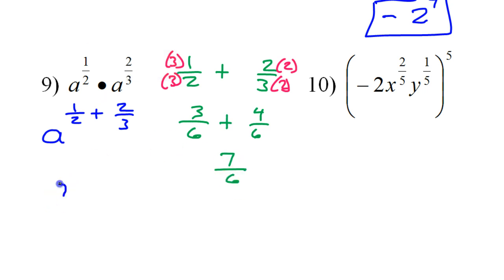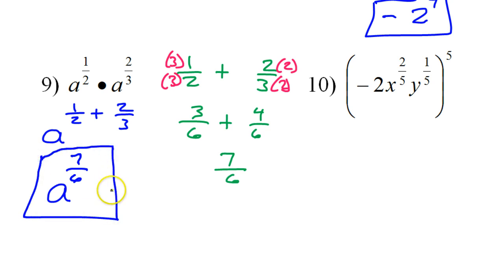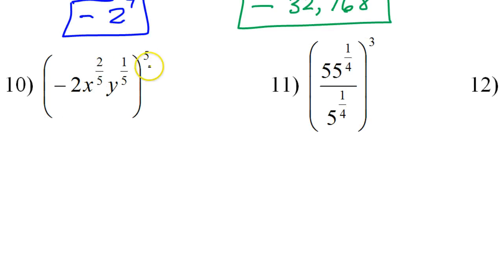So this is going to be a to the 7/6 power. Okay, and let's just leave it like that. Okay, when you have a power like this on multiple things, you have to do the power to each one of these factors.